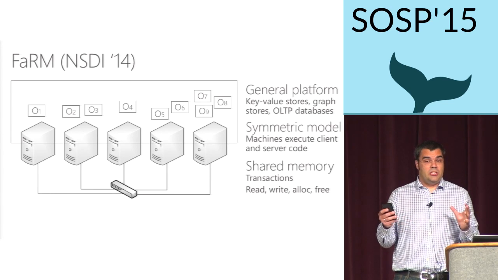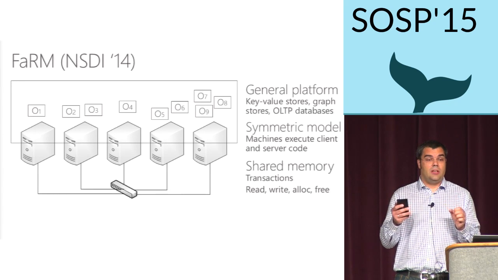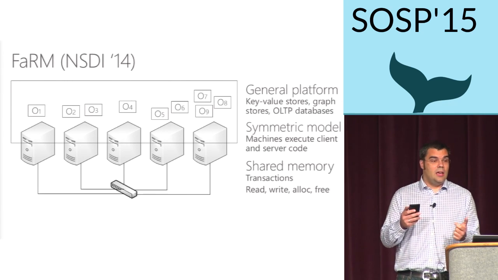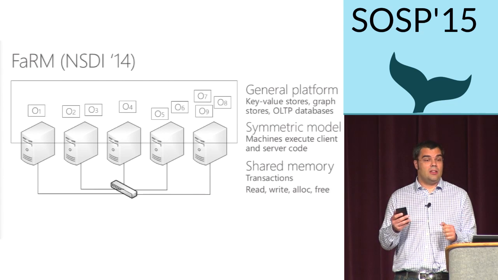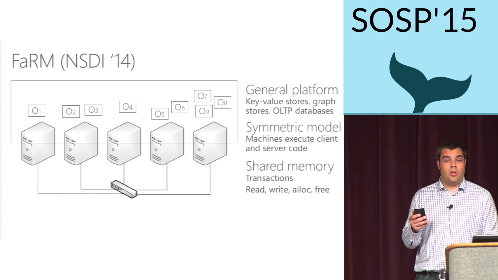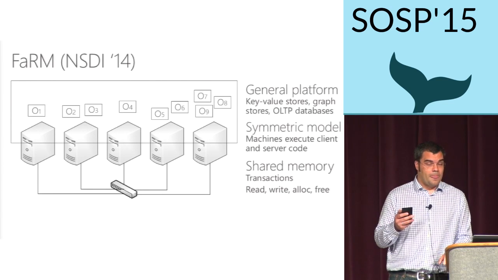And FARM basically takes a cluster of machines and it stores all data in memory of this cluster of machines. Each machine is going to store data and also execute server and client code. So we have this symmetric model that allows us to exploit locality of access.